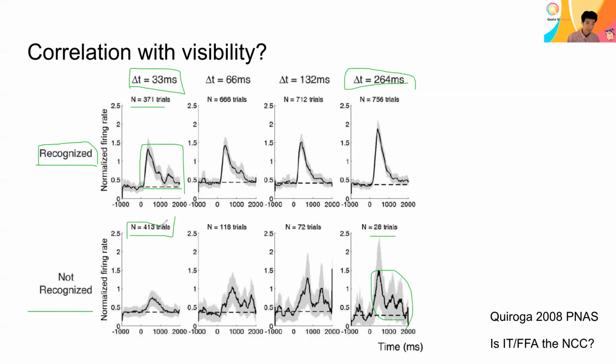And then, in the larger number of trials where subjects didn't recognize the image, they showed a much lower response, below a normalized firing rate of 1. So that's a sort of population response, average.